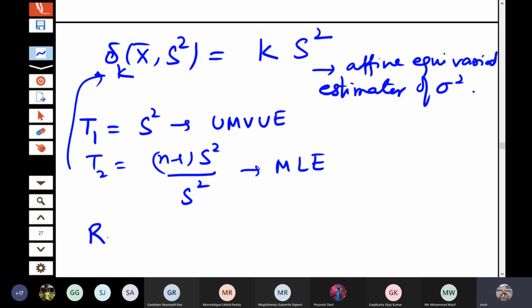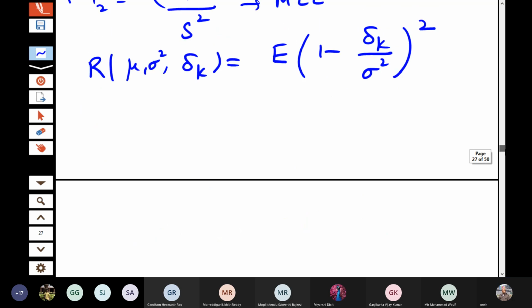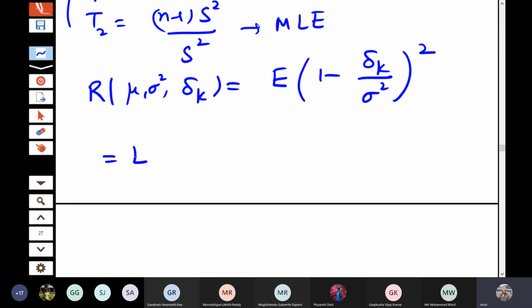So the risk function of delta k, that is the expectation of (1 minus delta k by sigma square) whole square. So this is equal to the expectation of (1 minus k s square by sigma square) whole square.